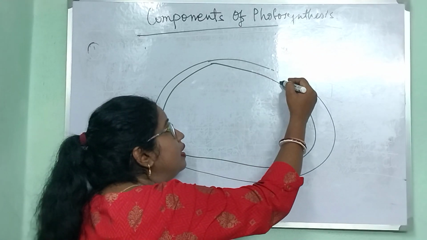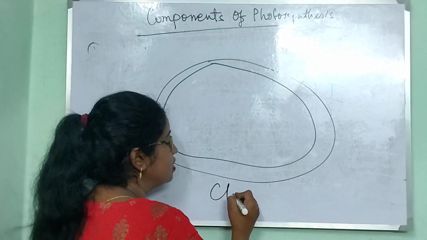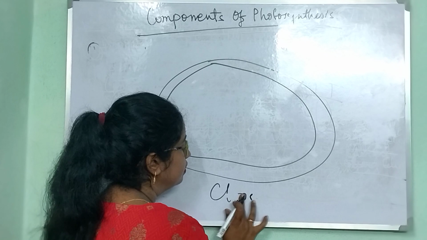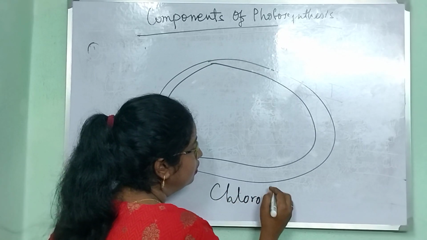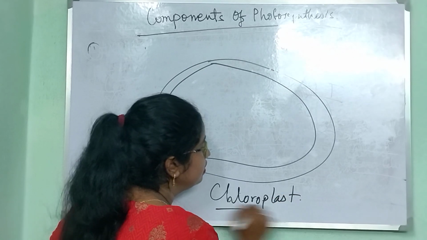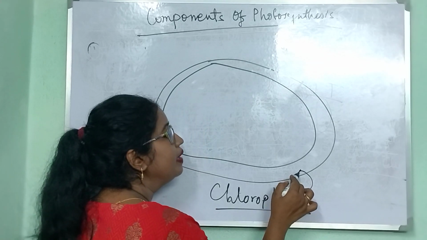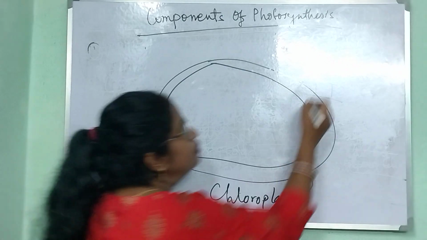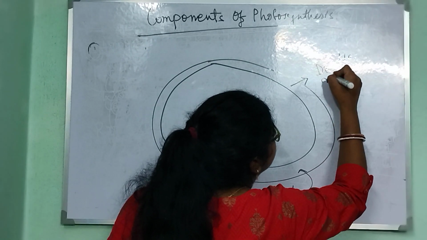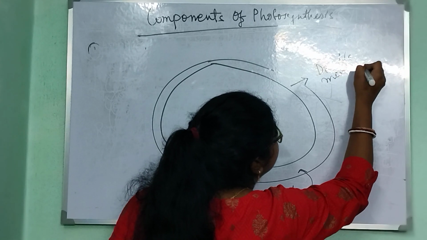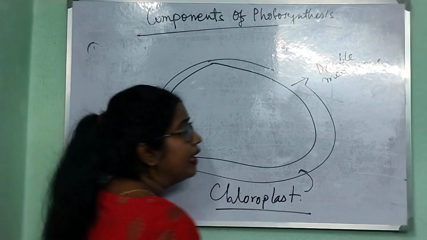A chloroplast is a double membrane bound cell organelle.